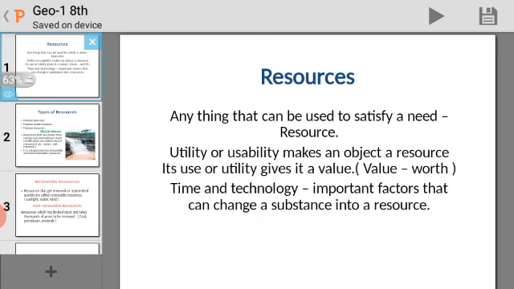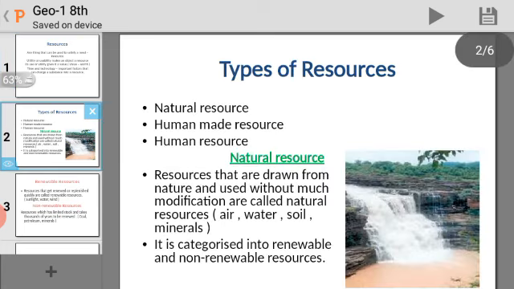Now, let us go to the second thing, that is types of resources. In resources, we have three types: natural resources, human-made resources, and human resources.